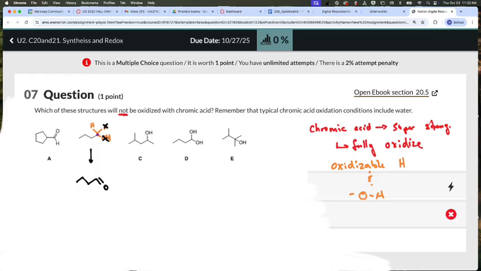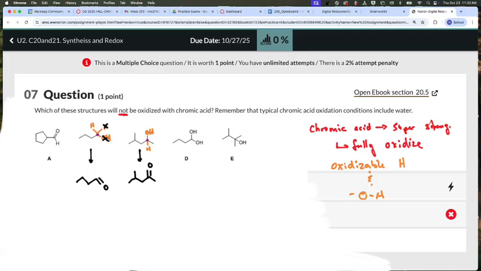If we look to C, again, we have an OH. We've got our carbon. Does that carbon have an oxidizable hydrogen? Yeah, there's an implied hydrogen there. So in the case of C, we would also continue this reaction and we get our carbonyl.